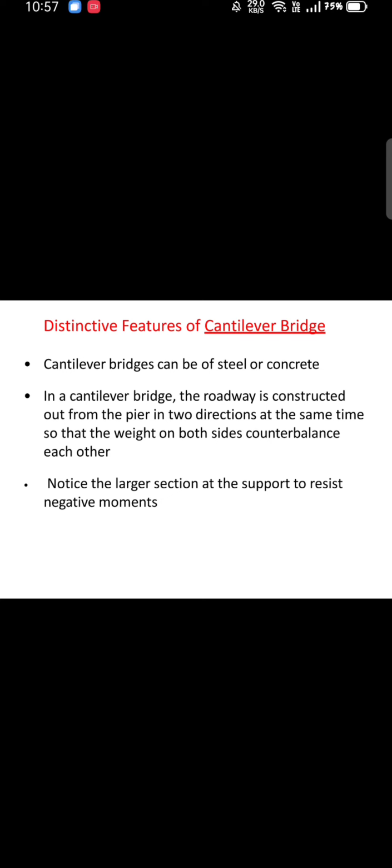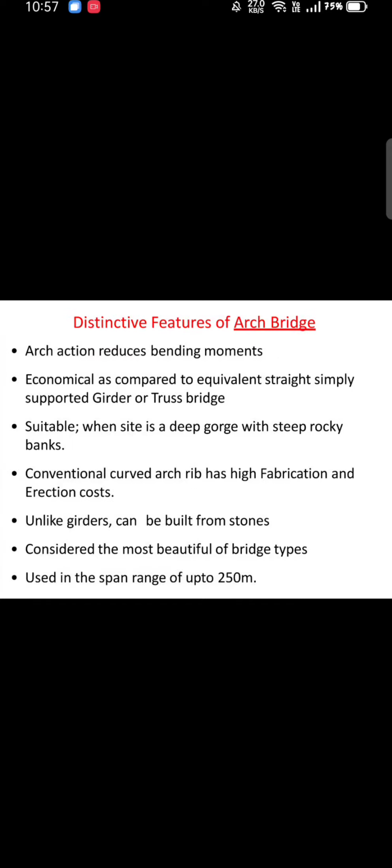It cannot be on only one side, as we all know a cantilever is supported only on one side. If there is counterbalance on two sides, there won't be any overturning of that particular bridge. So this cannot be used for larger sections, because it cannot support negative moments.